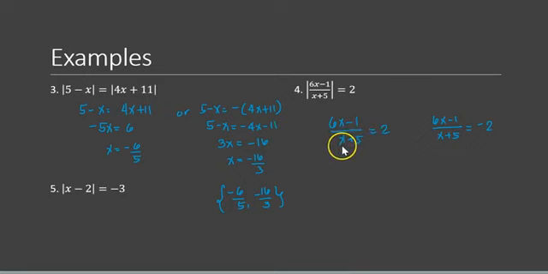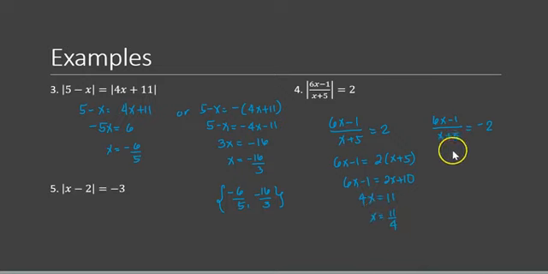So we can multiply by the LCD of x plus 5, so 6x minus 1, or simply cross multiply. That's another term for that. Then you'll have 6x minus 1 equals 2x plus 10. Transpose 2x, so that's 4x, and then transpose negative 1, that's positive 1, so that's 11. So x is 11 over 4.